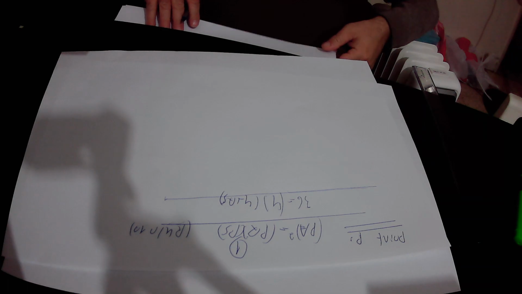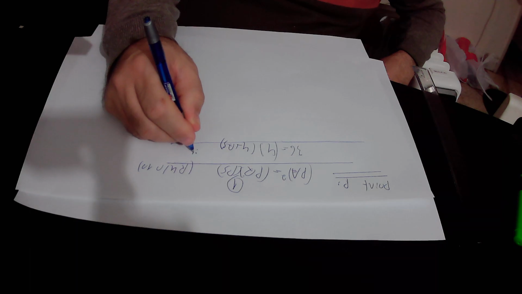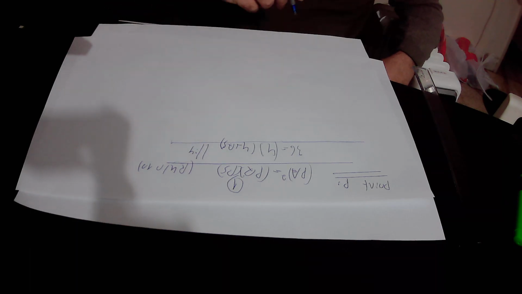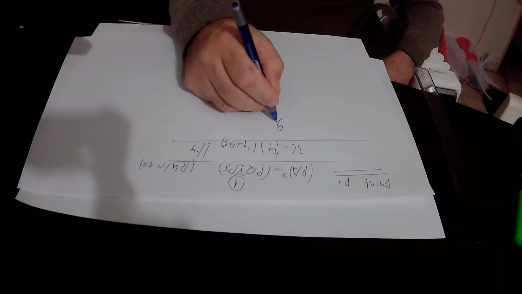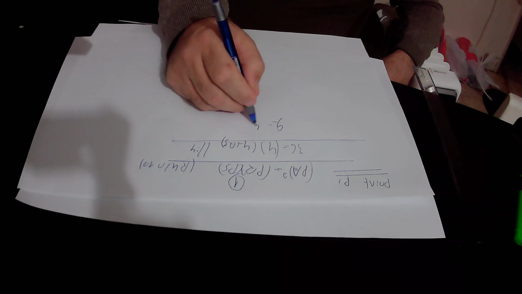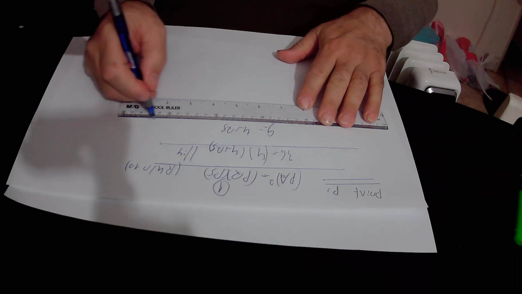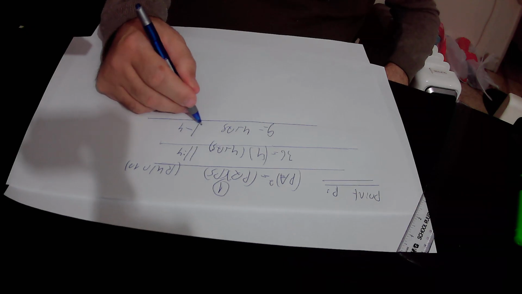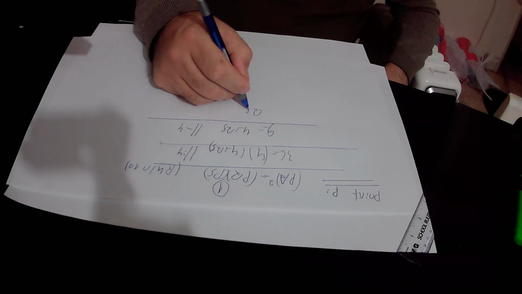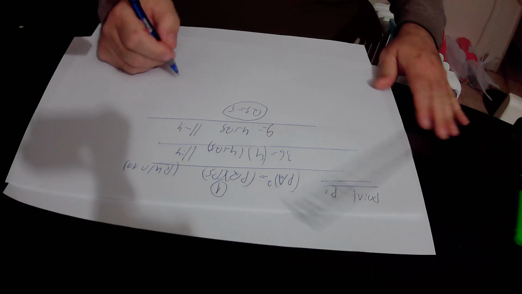So here we will divide this equation by 4, and we get that 36 over 4 is 9, so 9 equals 4 plus QS. Here we subtract 4 from this equation, and finally we get that QS equals 9 minus 4, that is 5. So QS equals 5 units in length.